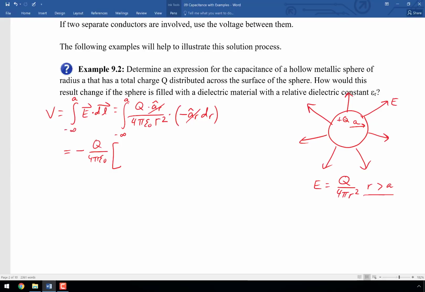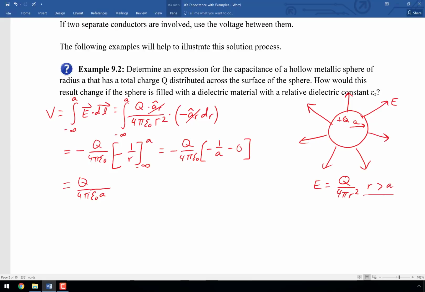And this becomes minus 1 over r, evaluated between infinity, or I guess you could say positive or negative infinity, up to A. So this becomes minus Q over 4 pi epsilon 0 times minus 1 over A, and then 1 over infinity is just 0. And this then becomes Q divided by 4 pi epsilon 0 times A.